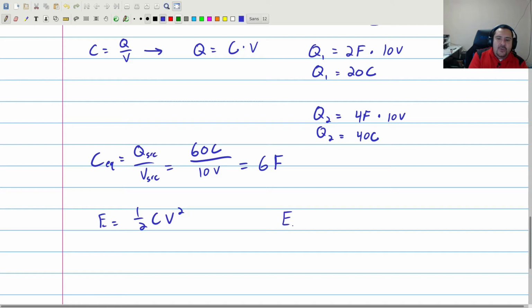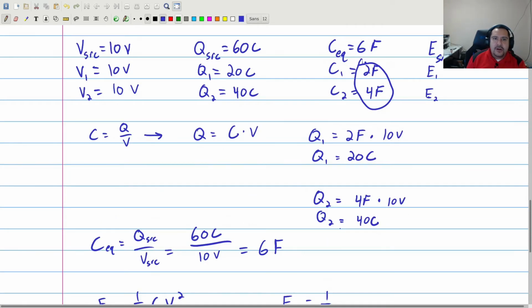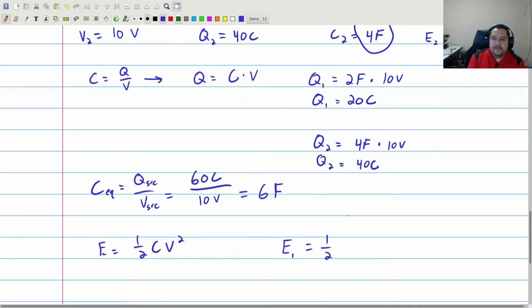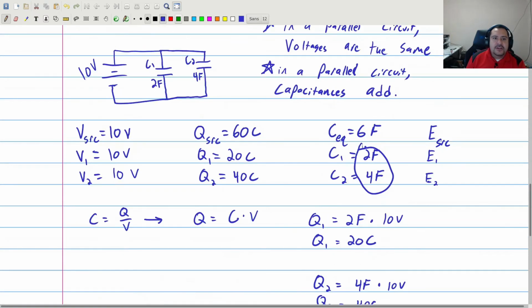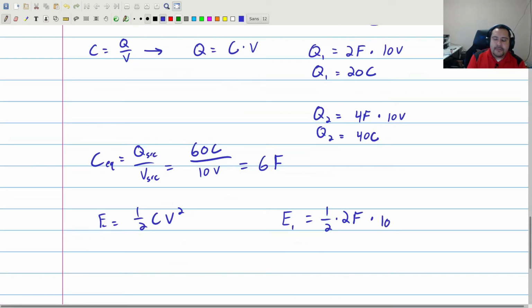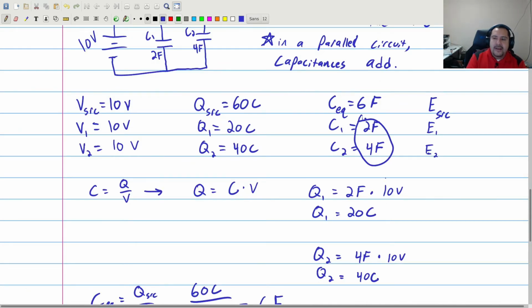So the first one, E1, is going to be equal to 1/2 times, what was C1? 2 farads, times the voltage of 10 volts squared. 10 squared is 100. 100 times 2 is 200, times 1/2 is 100. So E1 is equal to 100 joules. So this capacitor is storing 100 joules of energy.